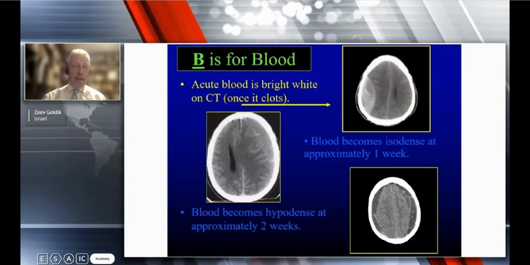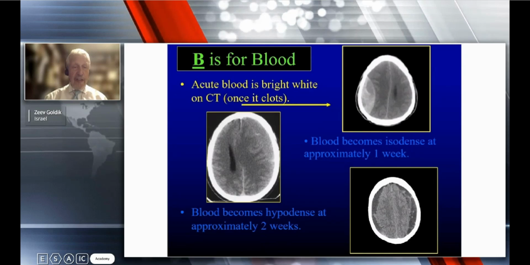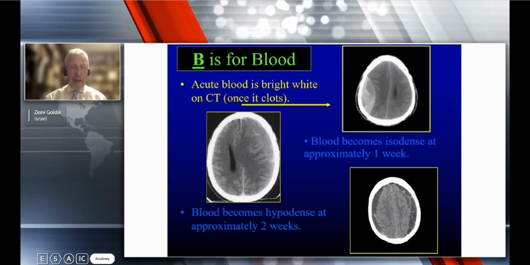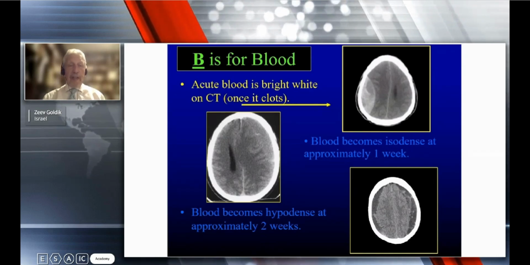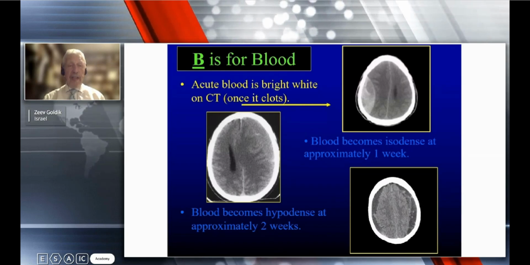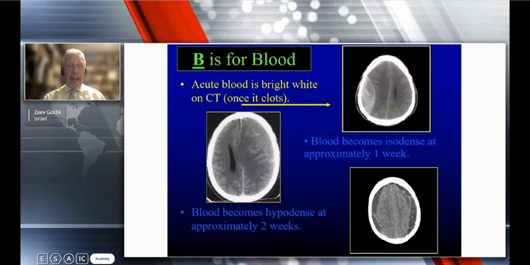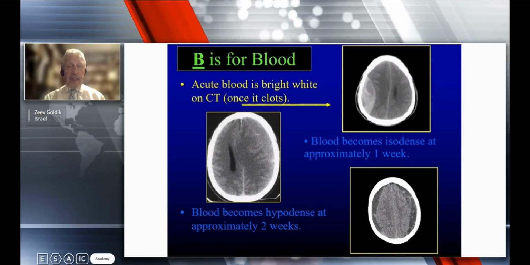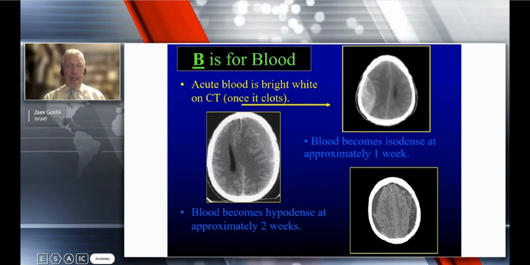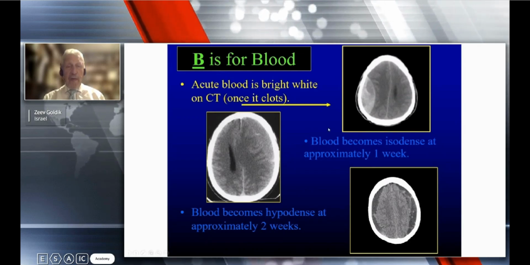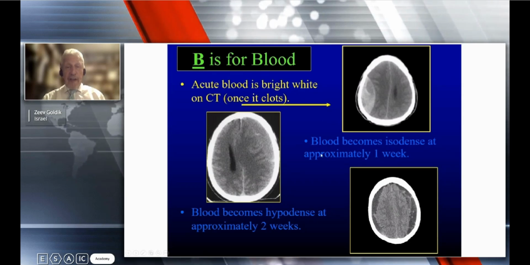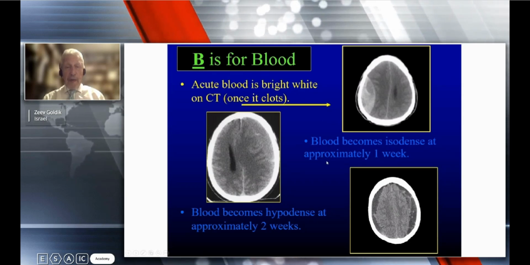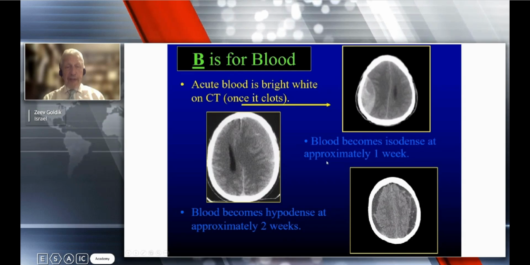So blood, first of all, you look whether there is any sign of blood, bleeding, hemorrhage. Remember that acute blood is seen as a hyperdense image when it is recent. Then, after 1 week, approximately, it becomes isodense.